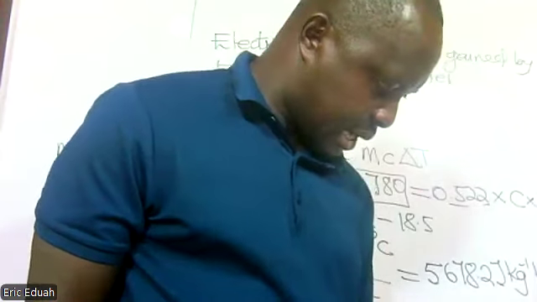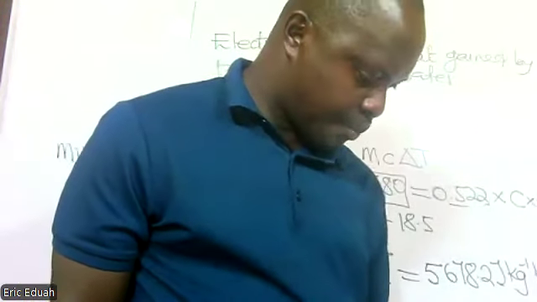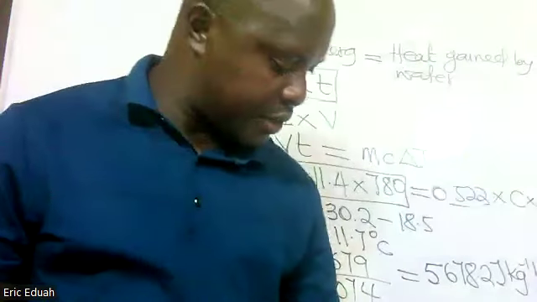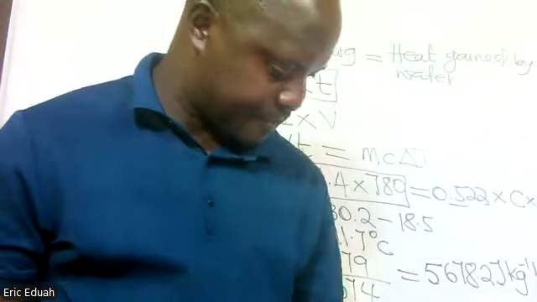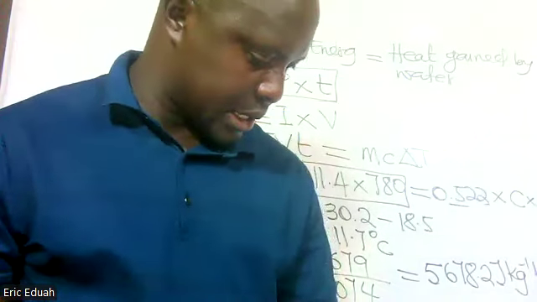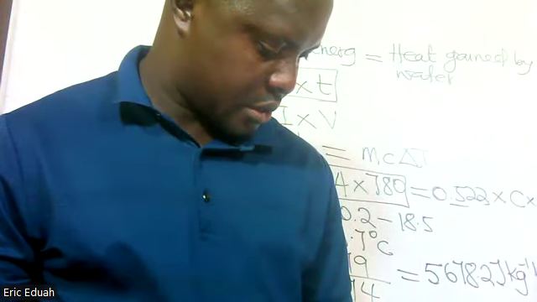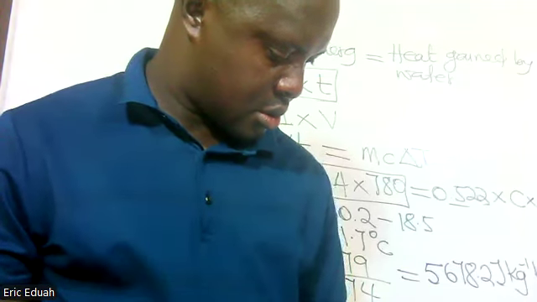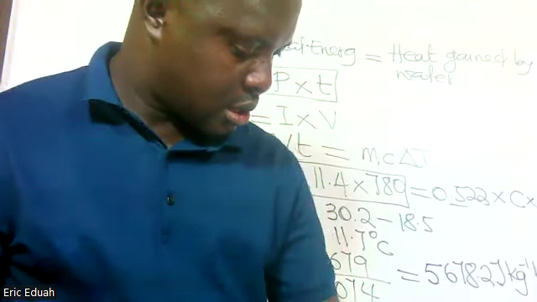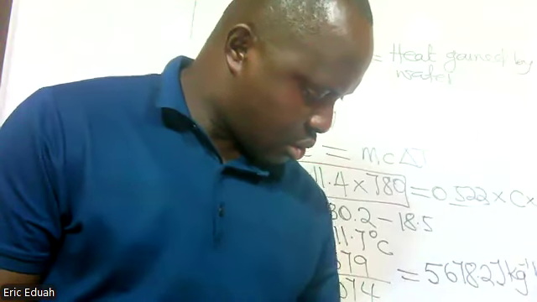The specific heat capacity of silver is 2,400 joules per kilogram per Kelvin. Oh, sorry.